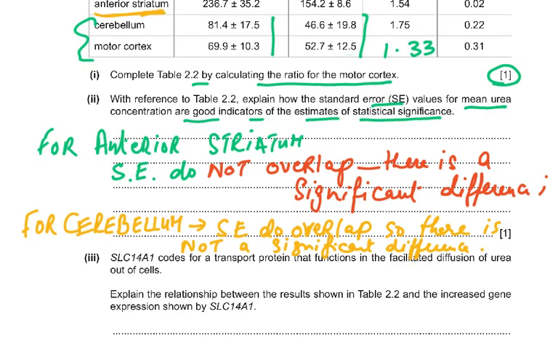So for the anterior striatum, the standard errors 35.2 and 8.6 do not overlap, so there is a significant difference. But for the cerebellum and the motor cortex, this is 17.5, 19.8, 10.3, and 12.5, they do overlap, so there is not a significant difference.